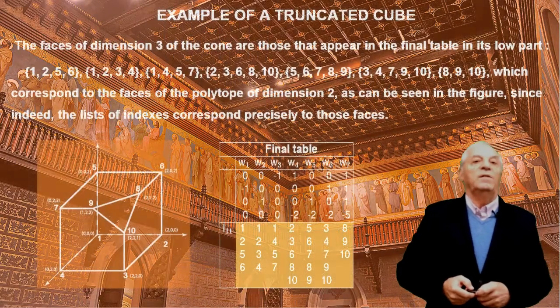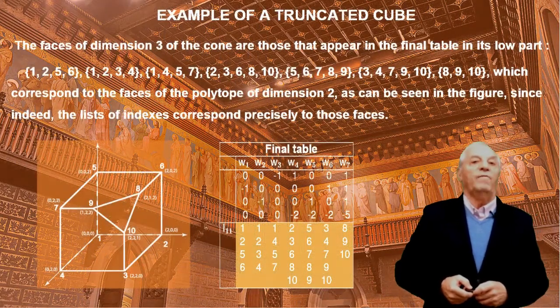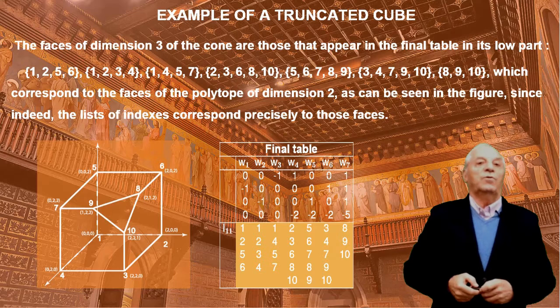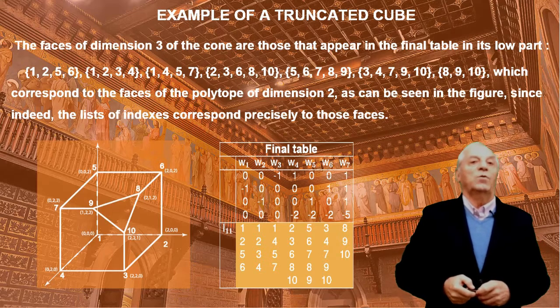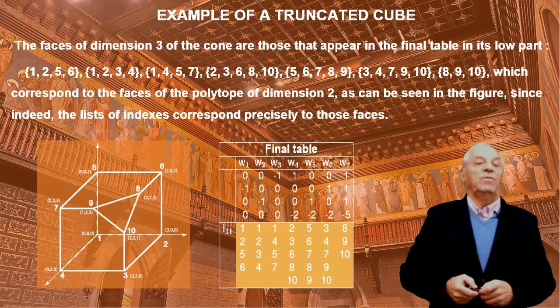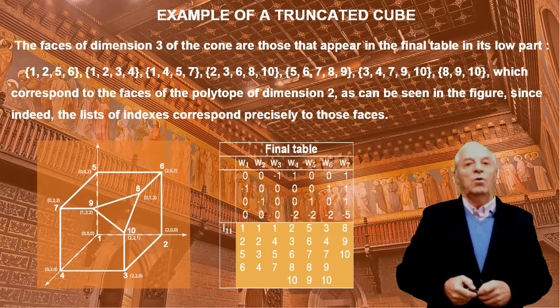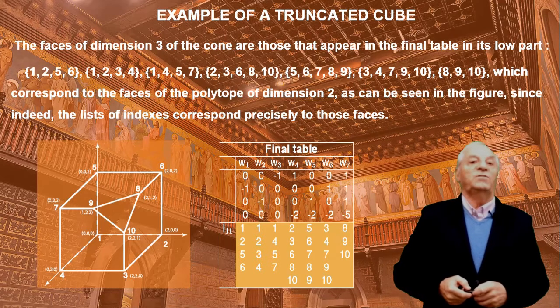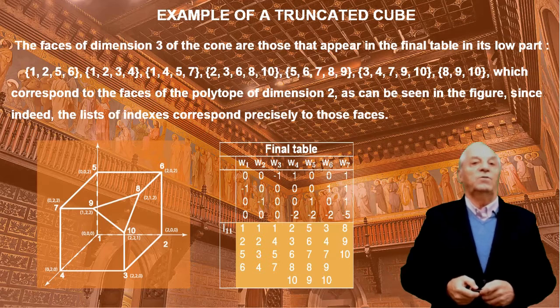In fact, in the first column below we have 1, 2, 5 and 6, which correspond to polytope vertices 1, 2, 5 and 6, that is, to the face behind the truncated cube. The next column is 1, 2, 3, 4, which is the face down. The third is 1, 4, 5, 7, corresponding to the face on the left.